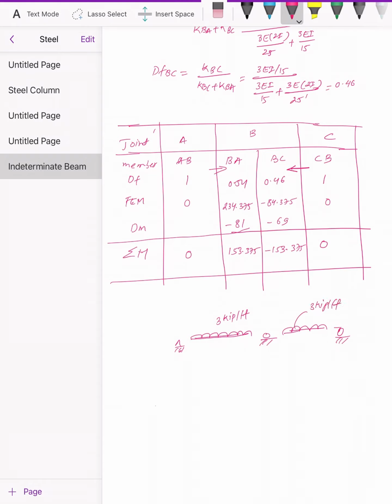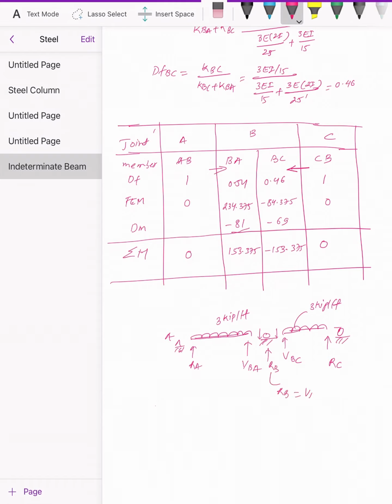I would say this is the reaction at A, V at B, which will come here, and this is the reaction at C, VBC, VBA, so this is the reaction at B.